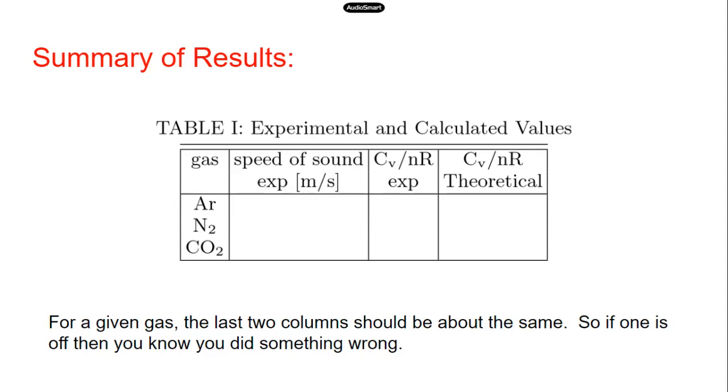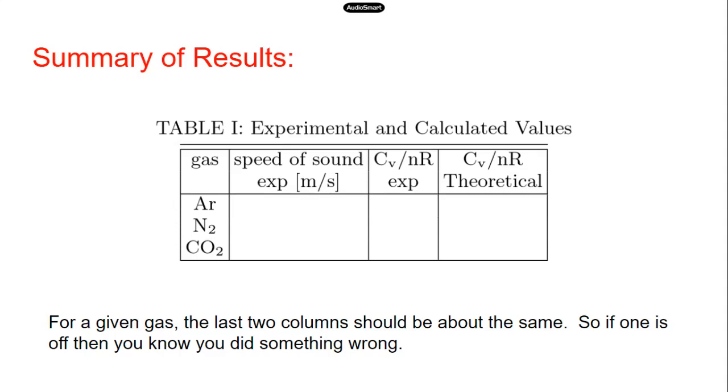For CO2, it's 3/2 plus 2/2, plus the contribution from the first 667 wave number bending mode, plus the contribution from the second 667 wave number mode, plus the contribution from the 1388 wave number vibrational mode, plus the contribution from the 2359 wave number fourth vibrational mode.